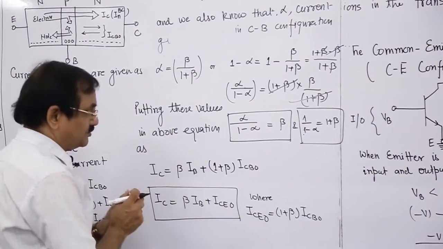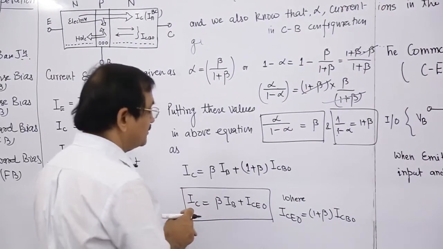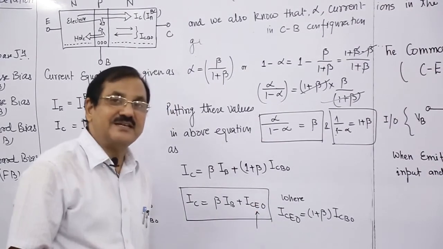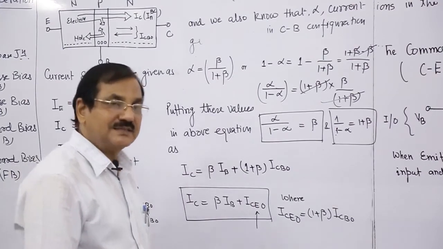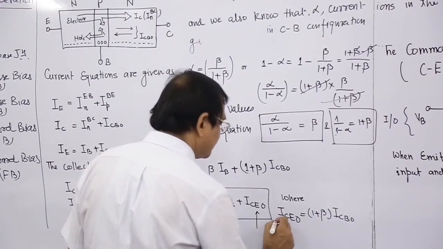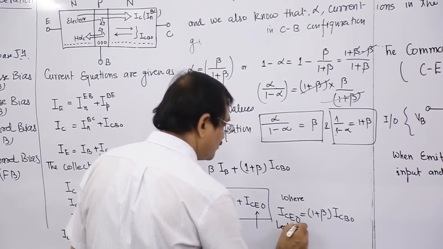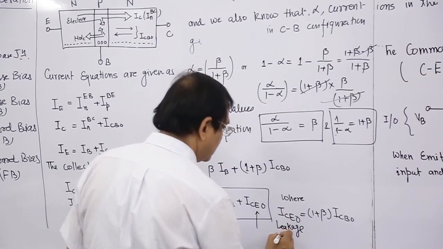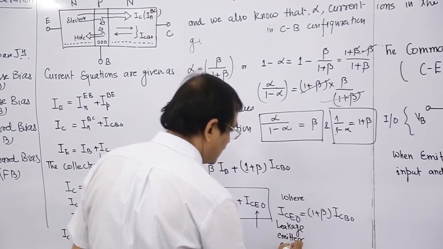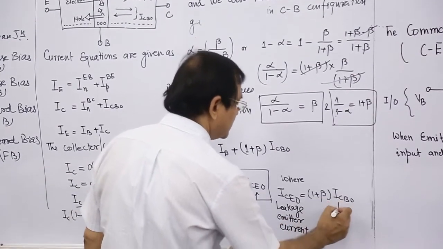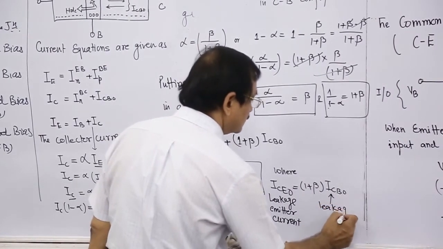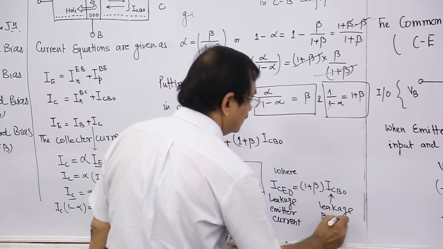These two terms are named as the leakage current: this is the emitter leakage current, and this is the base leakage current.